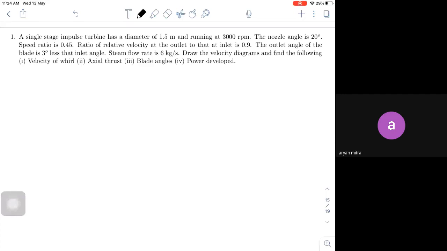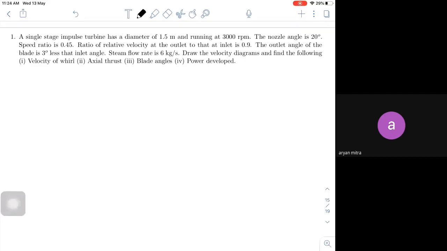A single stage impulse turbine has a diameter of 1.5 meters and is running at 3000 rpm. The nozzle angle is 20 degrees. The speed ratio is 0.45. The ratio of relative velocity at the outlet to that at the inlet is 0.9.